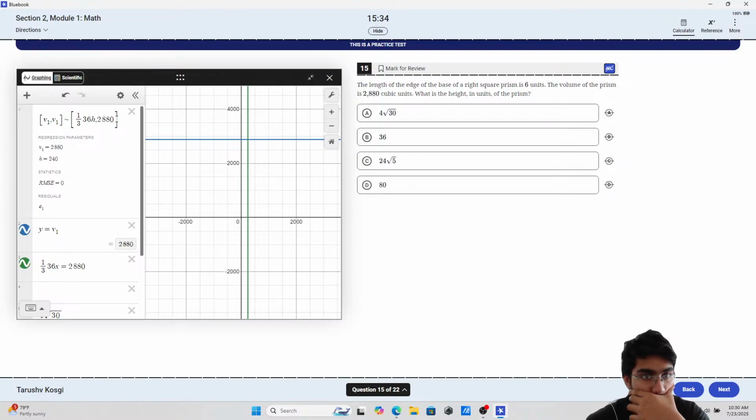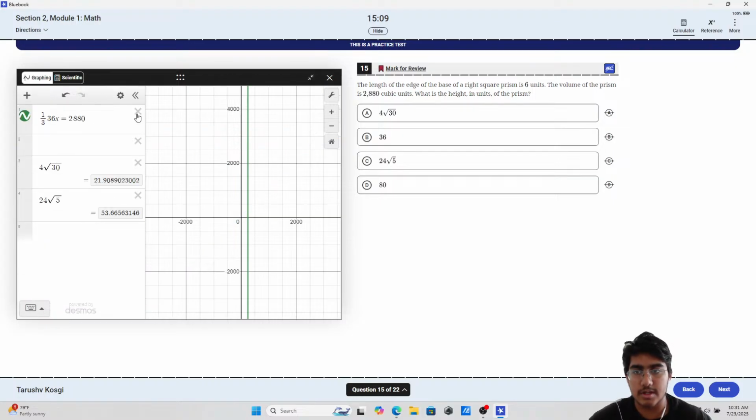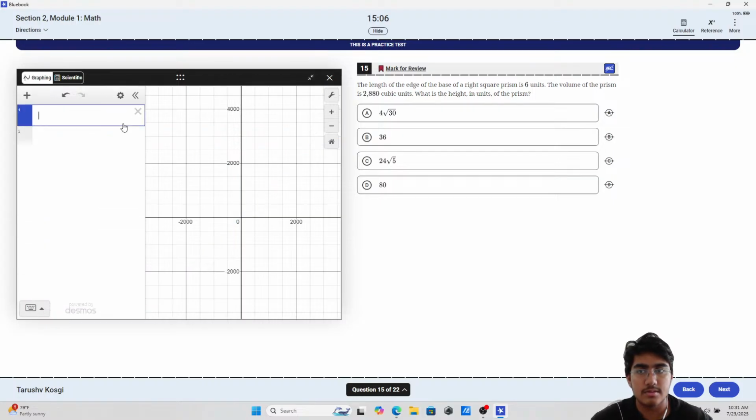Now we're trying to figure out the height. Seriously, I don't know what I'm doing wrong here. Seems pretty likely to be 240.